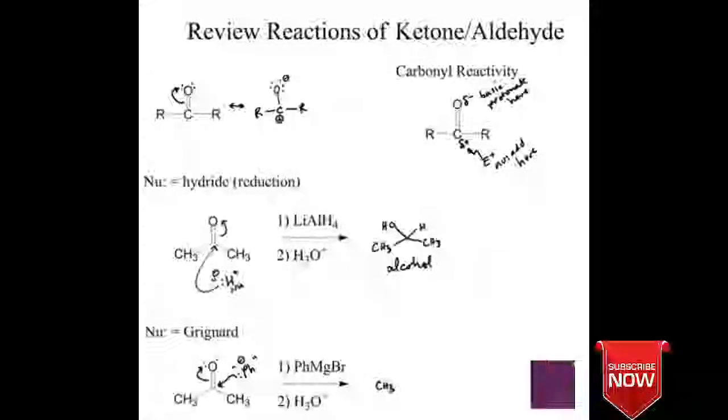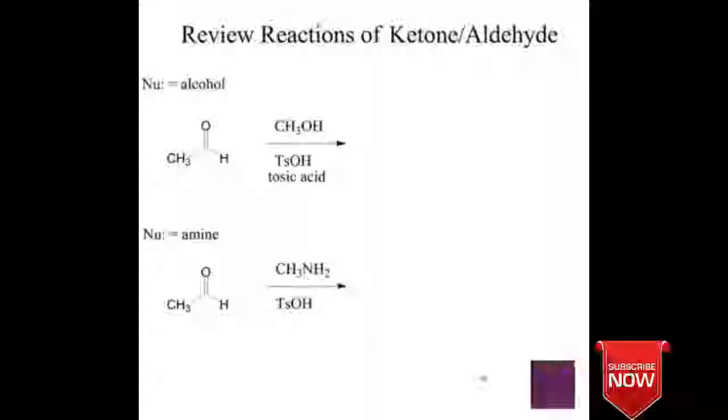Then after an aqueous workup we would end up with an alcohol product, but in this case we would have a new carbon-carbon bond that we've formed at the same time. So these are just a few examples of nucleophiles that can add to carbonyls of aldehydes and ketones.